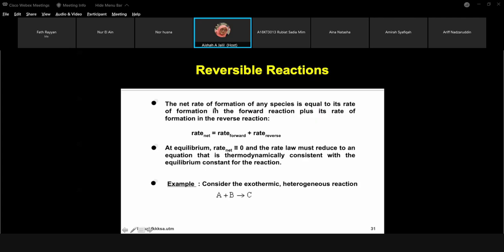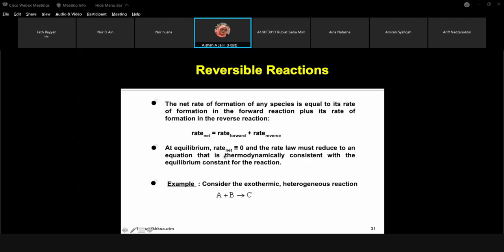Okay, the net rate of formation of any species is equal to its rate of formation in the forward, to the right direction, plus its rate of formation in the reverse direction, to the left. So net rate for the reversible direction must be rate forward to the right and rate reverse to the left. Okay, everybody knows about this.